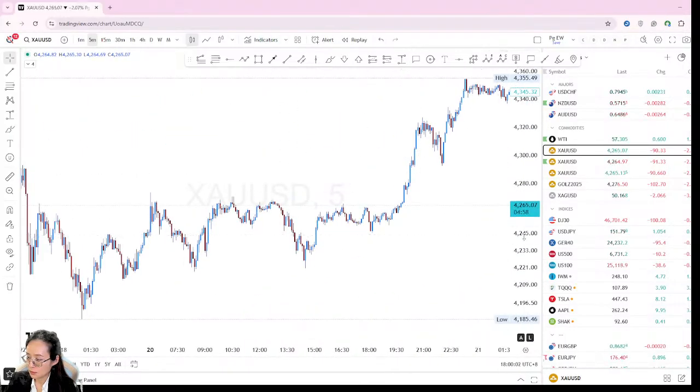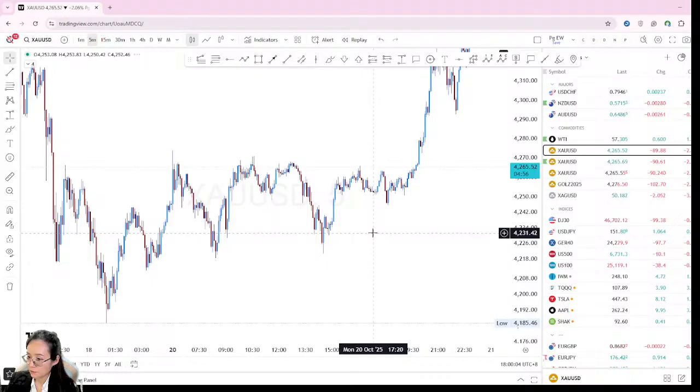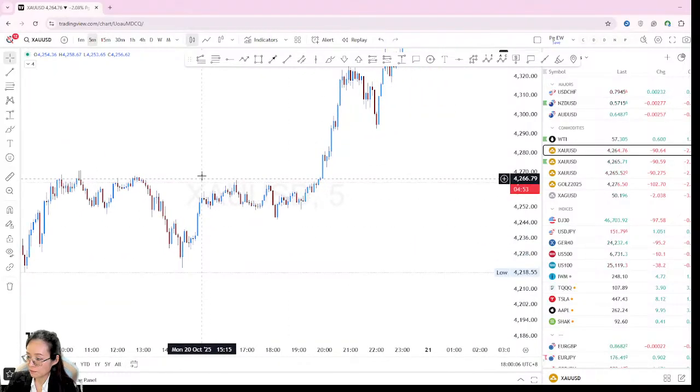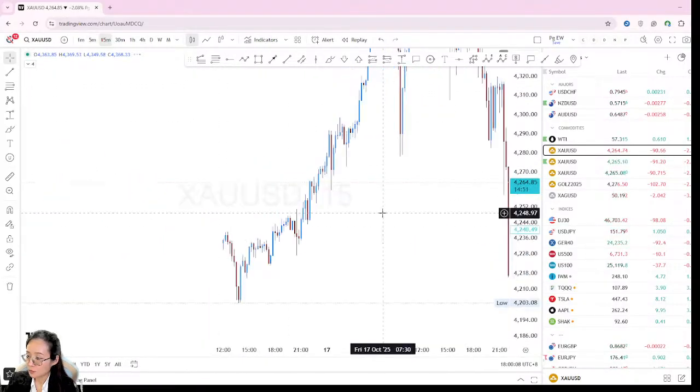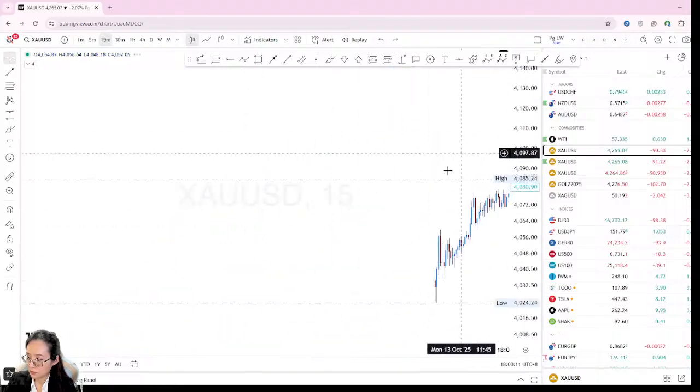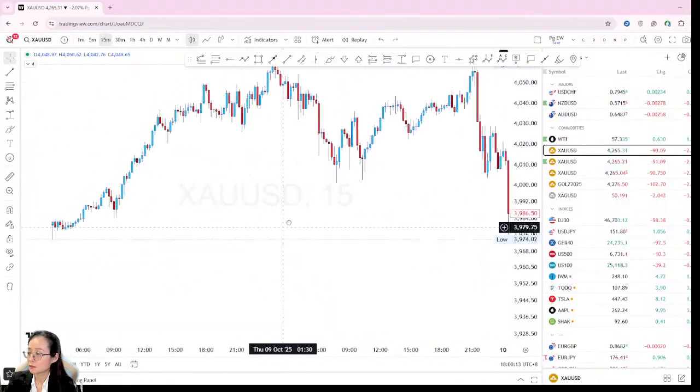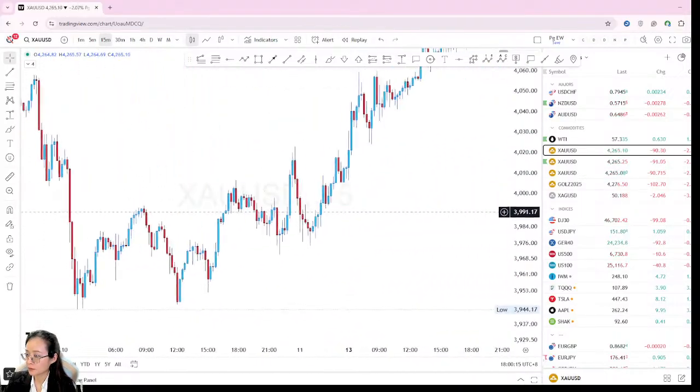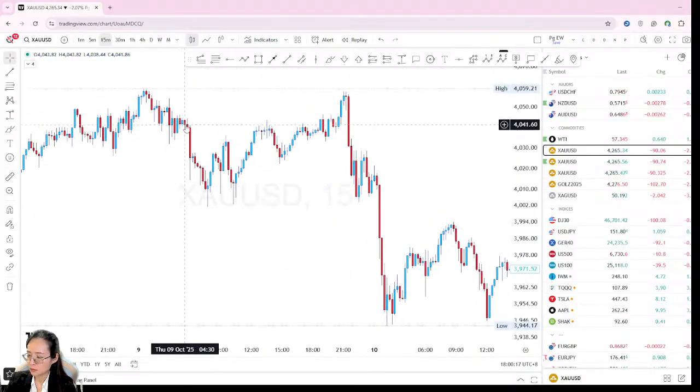Let's just say either M5 or M15, let's just say M5. I'm going to move to the M15, easy for you guys to look. There is some breakout.